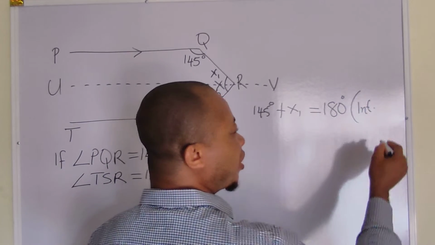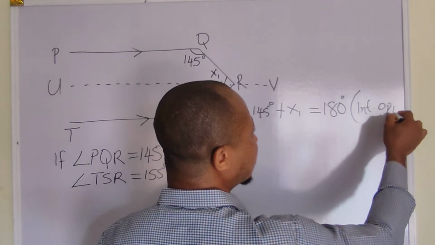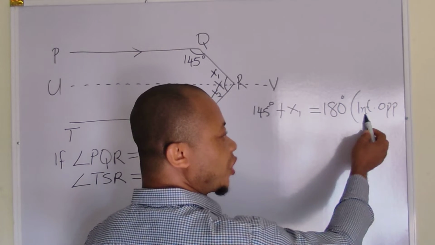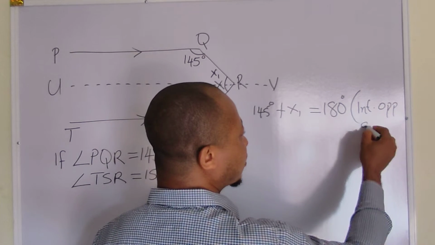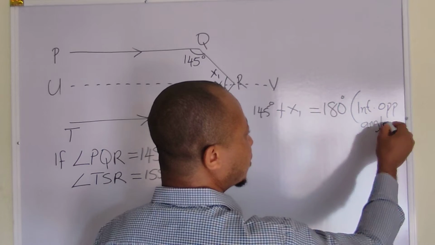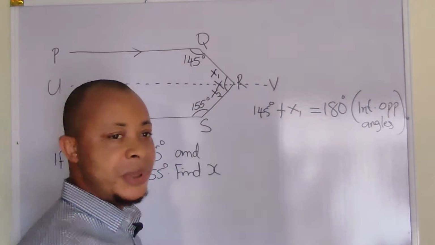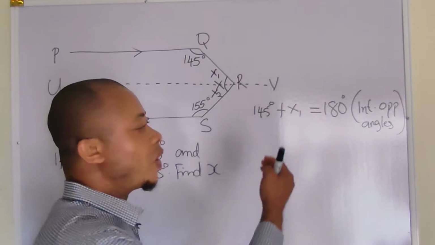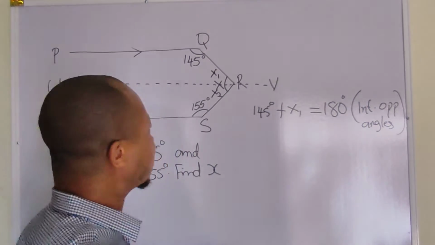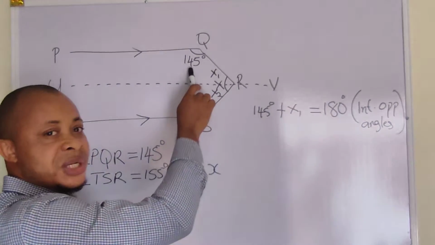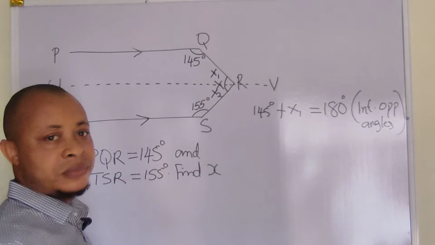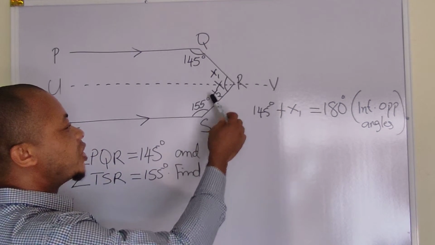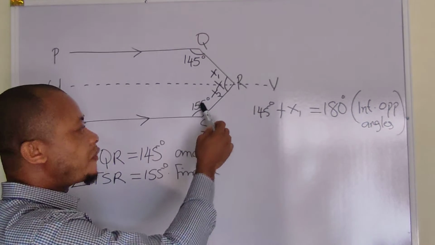Okay, so here you can give your reason. You say interior opposite angles, and you put them in brackets. Interior opposite angles are 180 degrees. So that is why we have 145 degrees plus x1. The same thing applies to the second, x2 and 155.